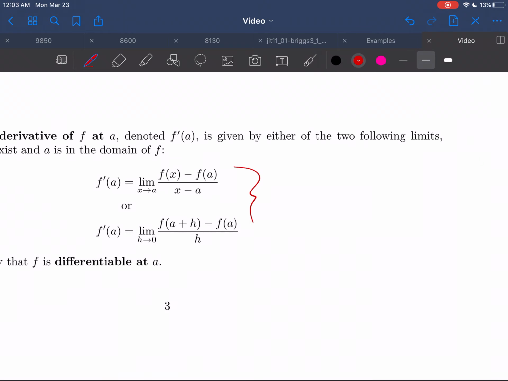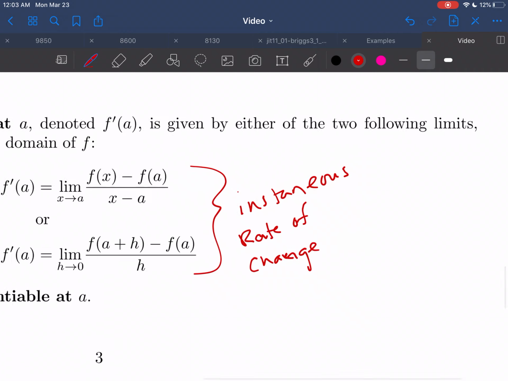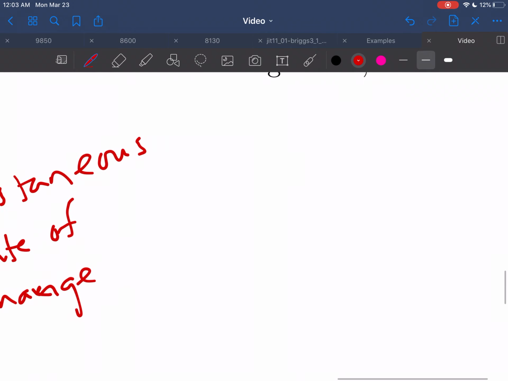These limits are both our instantaneous rate of change, or the slope of the tangent line.